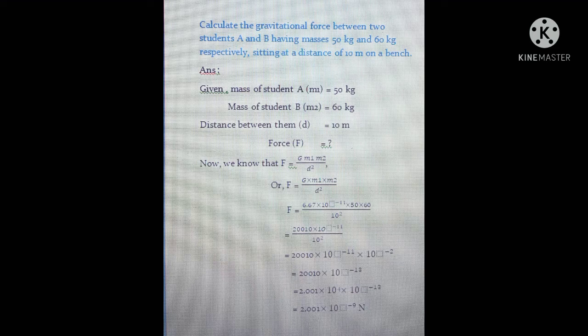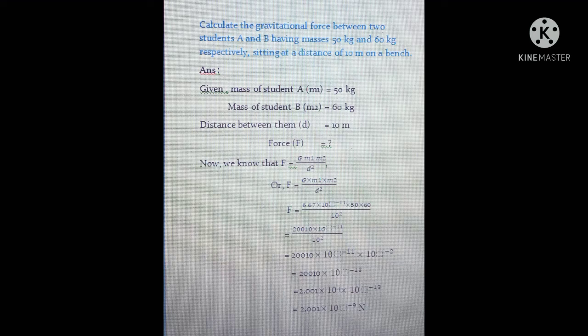Given: mass of student A, which we write as m1, is 50 kg. Similarly, the mass of student B, we write as m2, which is 60 kg, and the distance between them, d, is given as 10 meter. And what is asked? The mutual force of attraction between them is asked. So force equal to what? That is what we have to find.